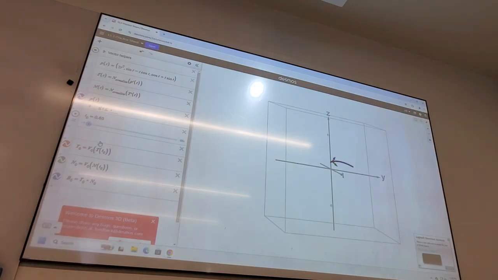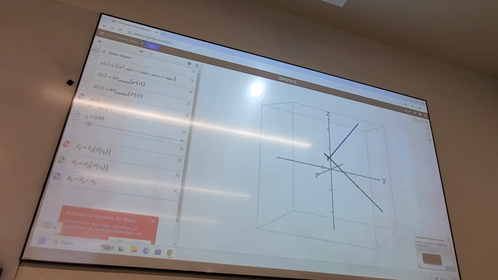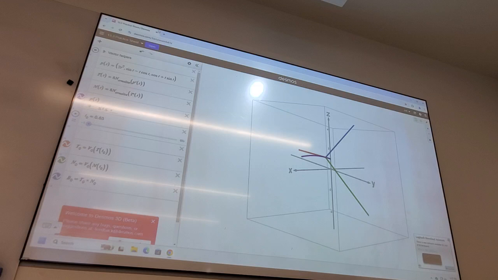Get the multipliers in the right place. There we go. Well, it's a little much. All right, I'll let it go.